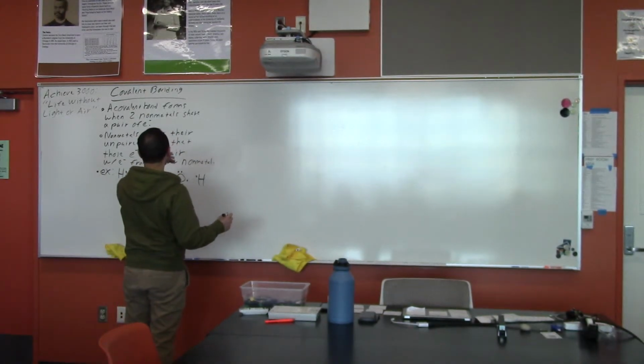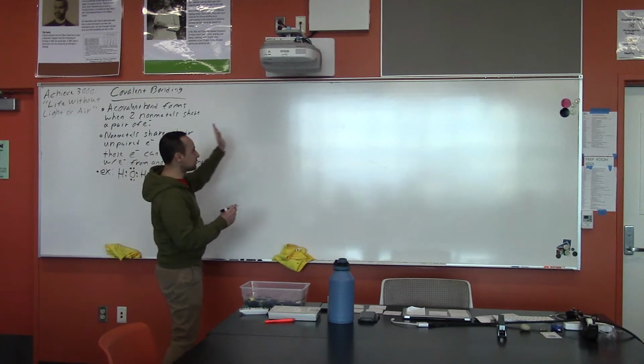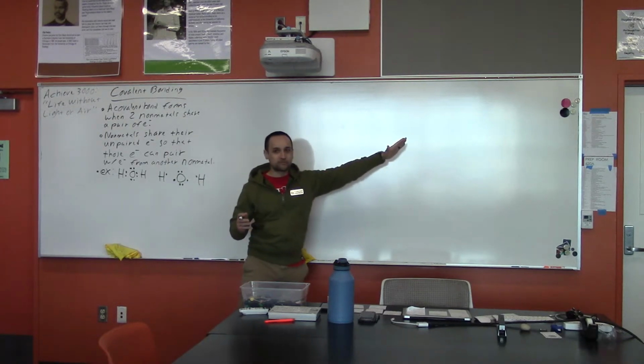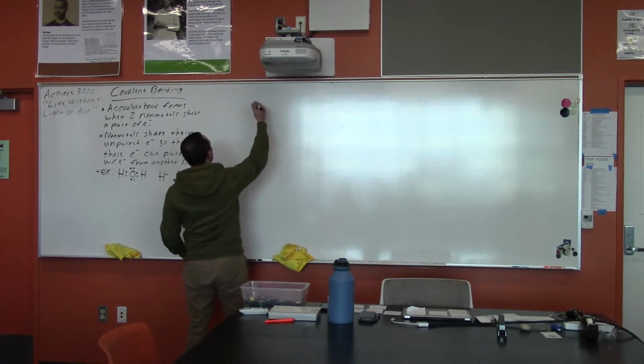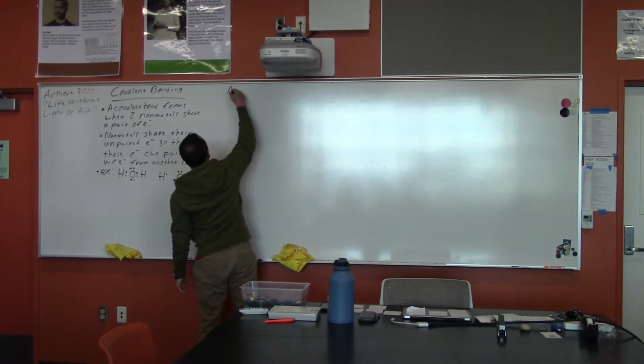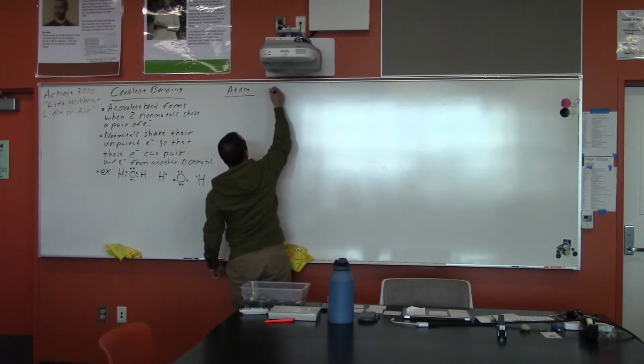So here we go. We're going to go with a little table. I'm going to make a table from left to right, and we're going to start here. We're going to go atom, and then electron configuration.